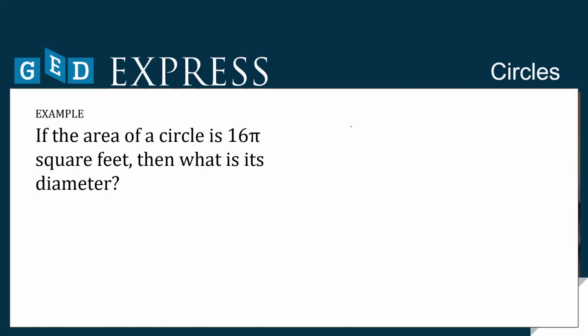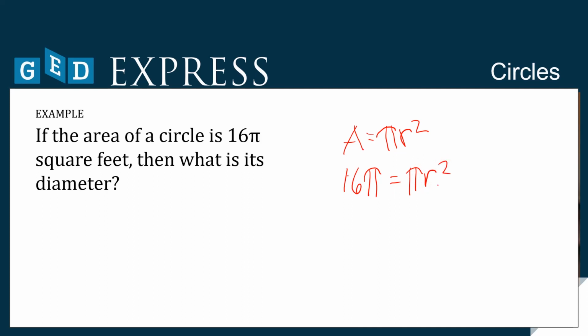So the area of a circle is A is equal to pi r squared. The given area is 16 pi, equal to pi r squared.